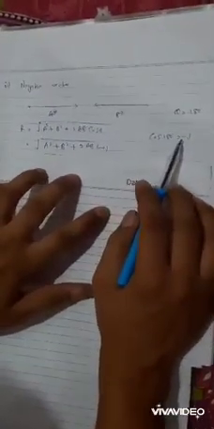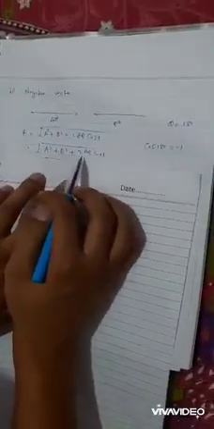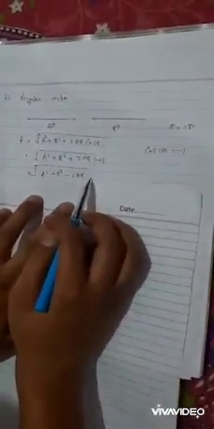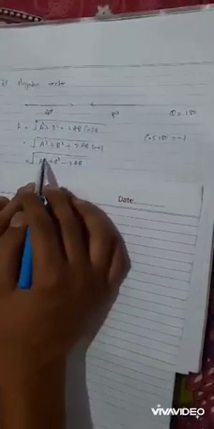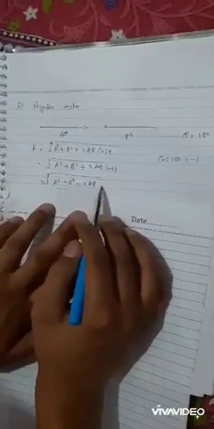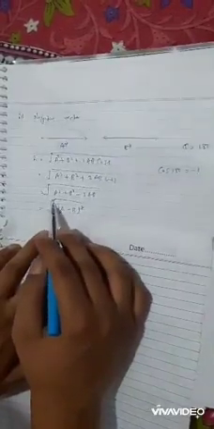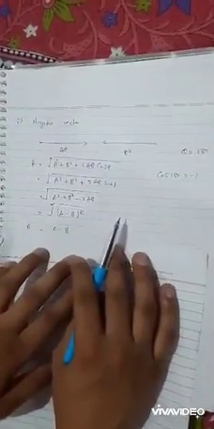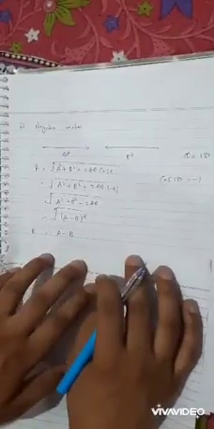After putting the value of cos 180, we get a square plus b square plus 2ab times -1, which gives -2ab. This whole formula, a square plus b square minus 2ab, is equal to (a minus b) whole square, the square and root cancel out, and we are left with R equal to a minus b.